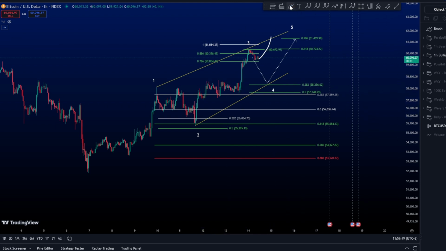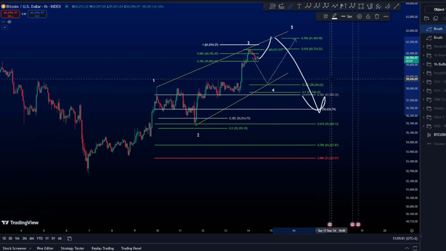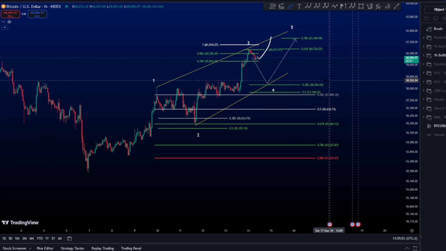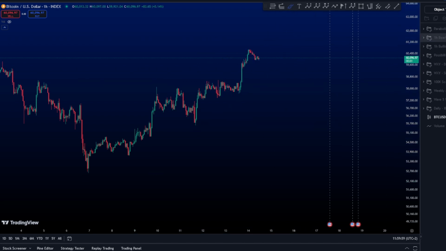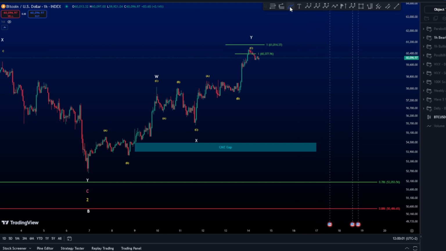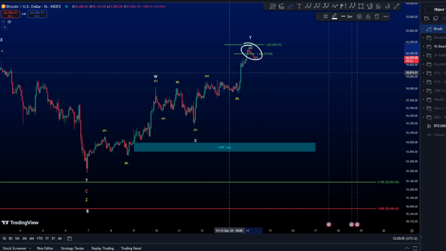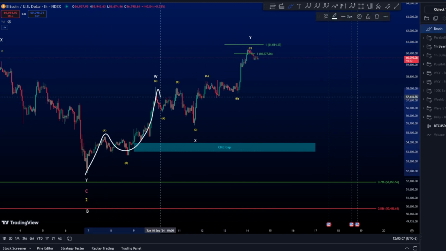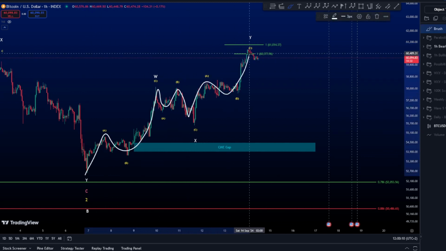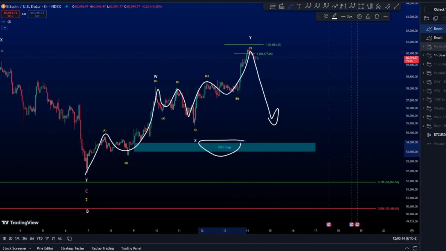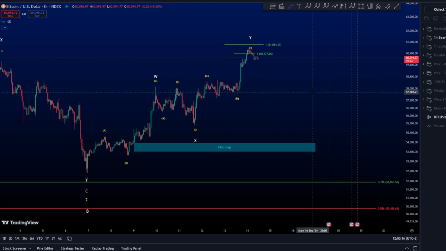And then, of course, in both case scenarios, we're gonna look for a wave 2 towards the downside. Now, if you are bearish and you are looking for lower prices than this, anyway, you have hit your target for a wave Y in W, X, and Y. Now you are looking for lower prices, hitting that CME gap, which is down there.